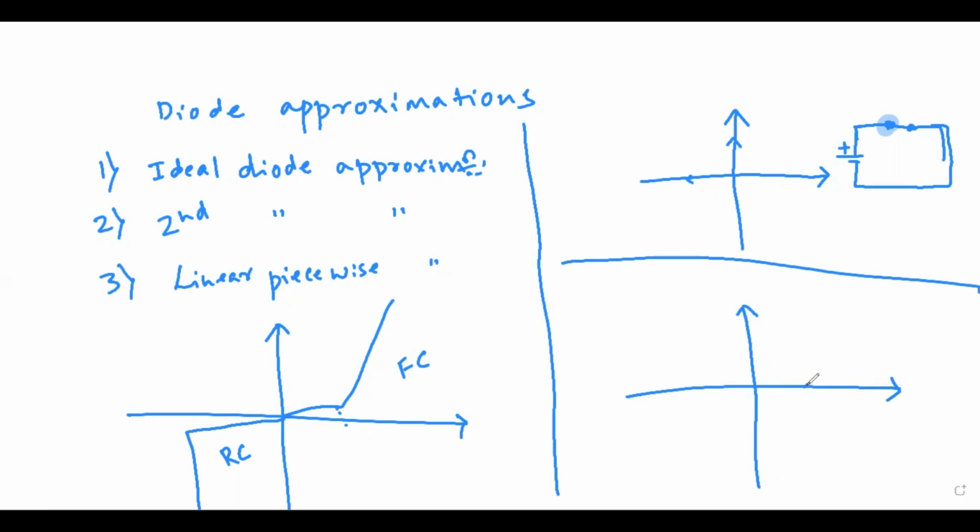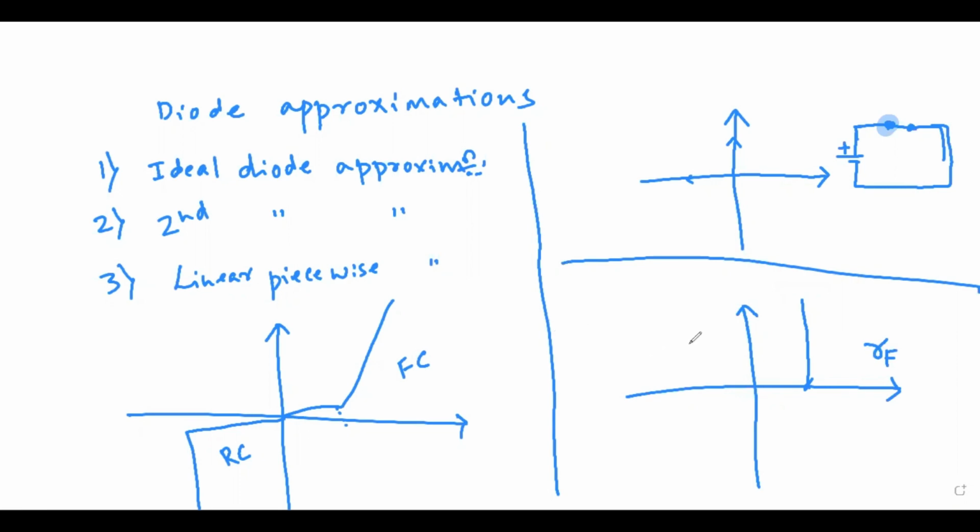For example, for a silicon diode, after 0.7 volts it starts conducting, and after 0.7 volts there is a sudden increase in current. The depletion region or barrier potential is considered, but there is no forward resistance. RF is not considered.